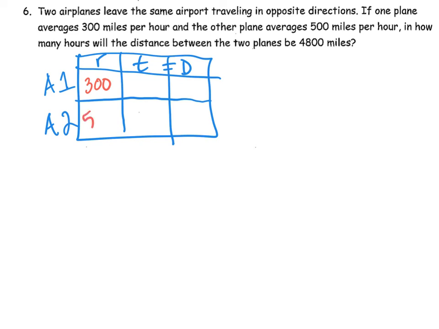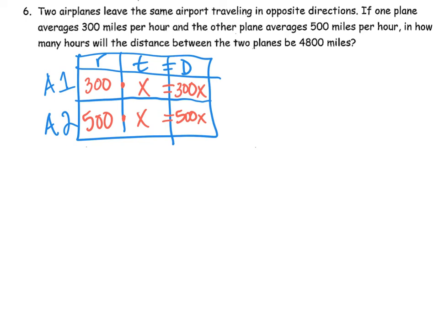The other plane is 500 miles per hour. But we don't know how long they're in the air. We don't know how many hours. That's our x. So to find the D, the empty box, 300 times x equals 300x. Just put the two things together that you just multiplied. And then 500 times x equals 500x.